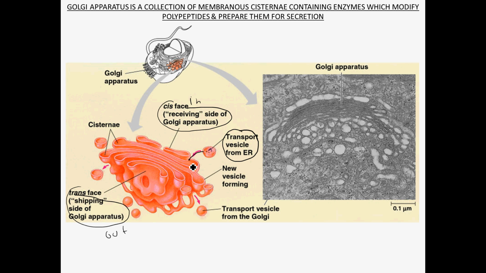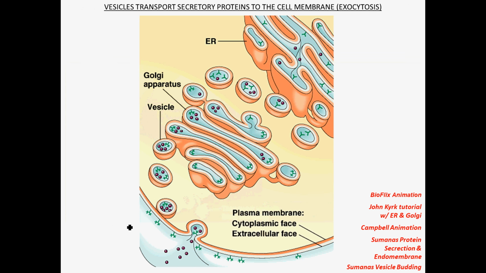But suffice it to say that the lumen of this Golgi also has enzymes that are going to be modifying this polypeptide that was coming from the ER. Right? And so as the protein makes its way through this membranous complex, it's going to come out here and will either be destined to be secreted from the cell or become part of the membrane.